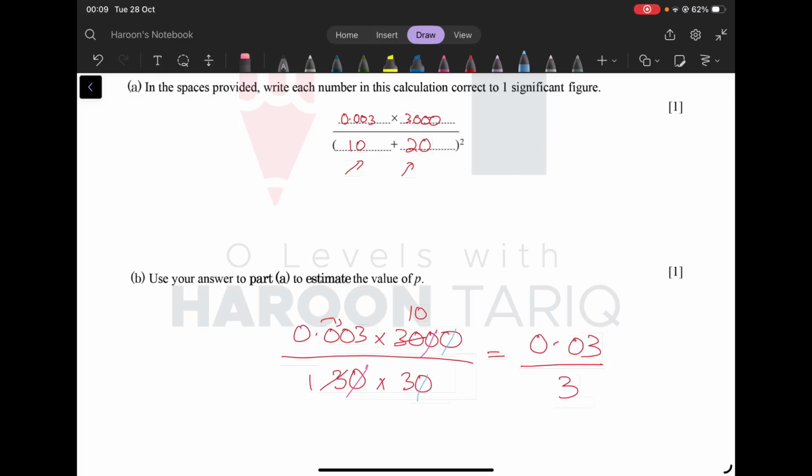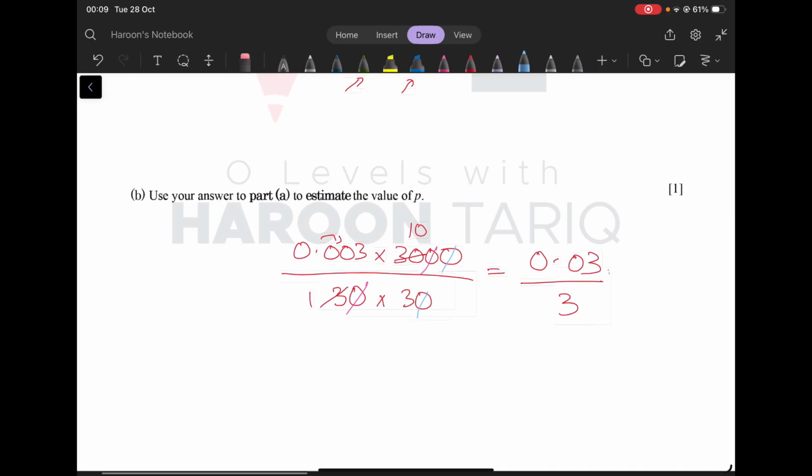Now next, I'll multiply my numerator by 100, and I'll have to multiply my denominator by 100 as well. Okay, multiplied by 100, and this has to be multiplied by 100 as well. So this decimal moves two places to the right, this becomes 3 divided by 300.